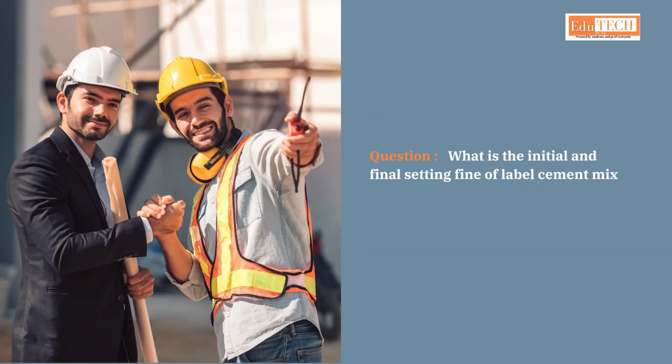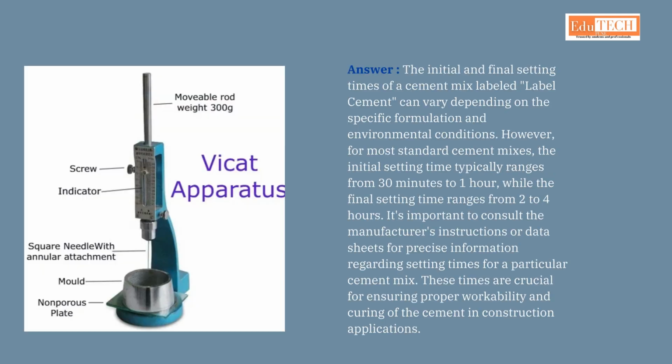Question: what is the initial and final setting time of label cement mix? Answer: the initial and final setting times of a cement mix labeled label cement can vary depending on the specific formulation and environmental conditions. However, for most standard cement mixes, the initial setting time typically ranges from 30 minutes to 1 hour, while the final setting time ranges from 2 to 4 hours.